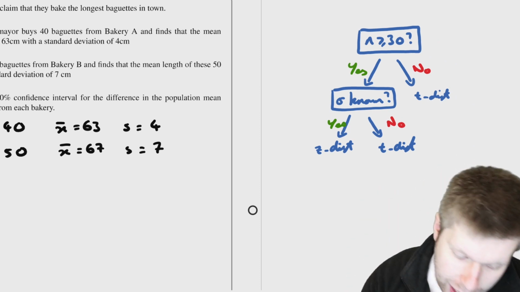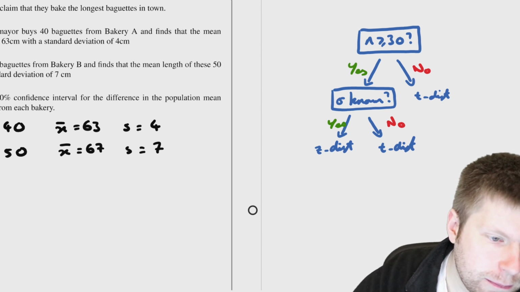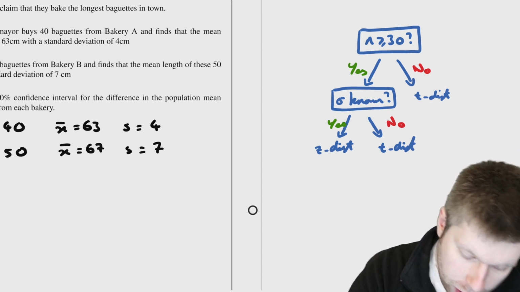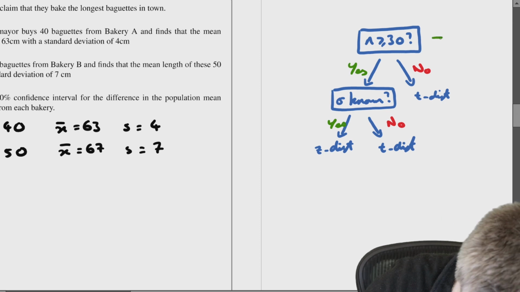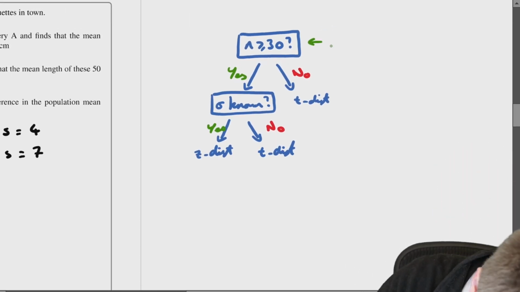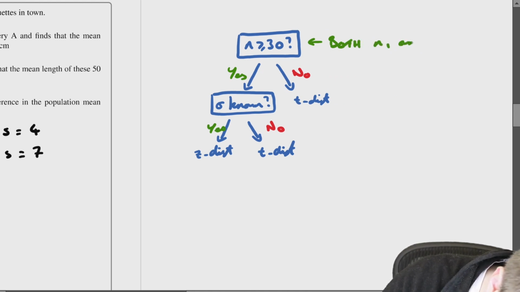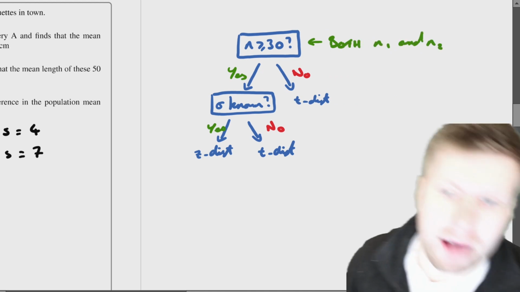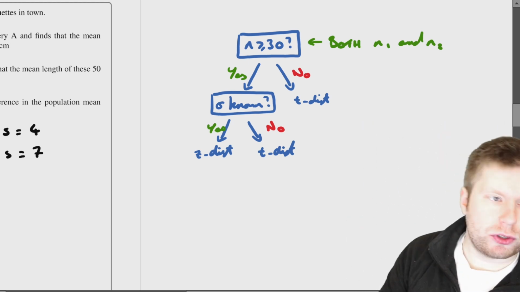Okay, so actually I can alter this slightly and say, well, rather than asking is n greater than or equal to 30, because I'm trying to compare 2 samples against each other, I need this for both of n1 and n2. In other words, both samples have to have a sample size greater than or equal to 30.